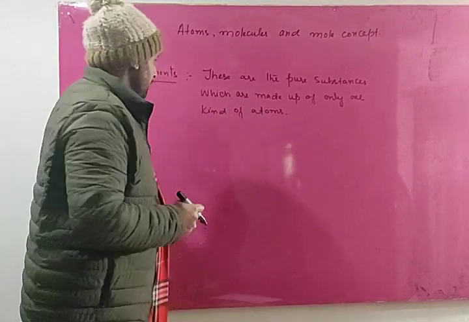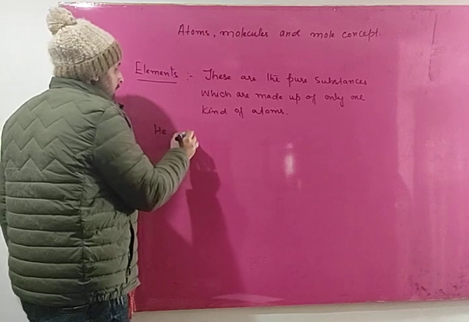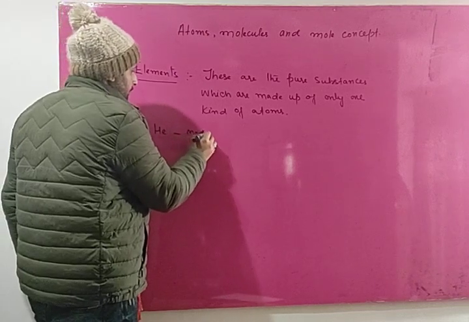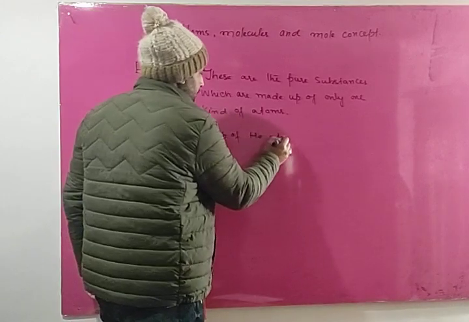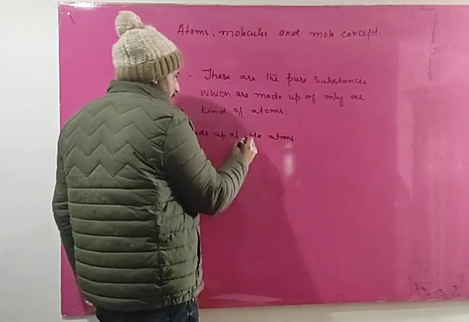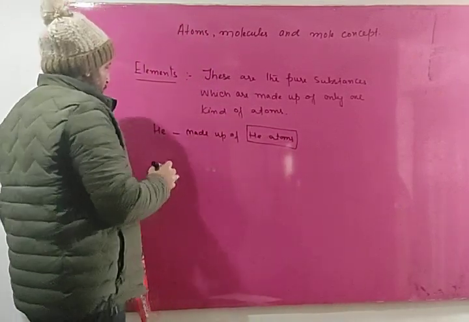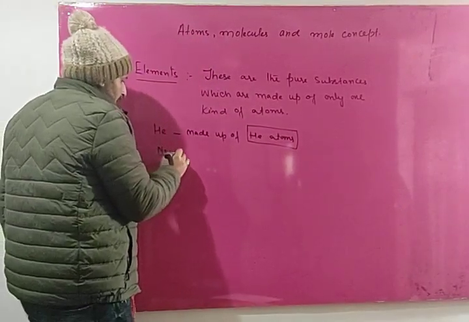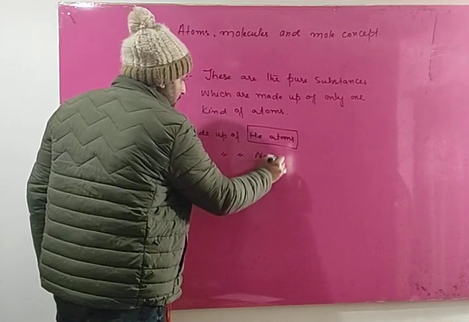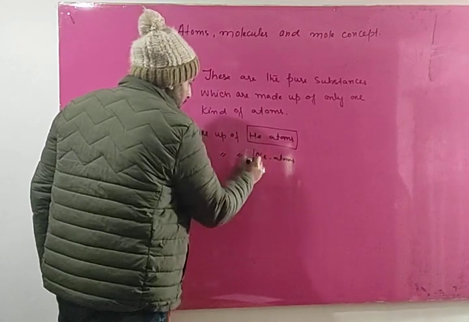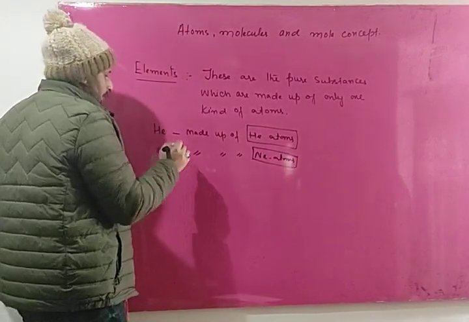Say for example, I talk about helium. Helium is made up of helium atoms. So what are the constituent particles? Helium atoms. Neon is made up of neon atoms, right? So what are the particles here? Neon atoms. Now I say argon, for example.